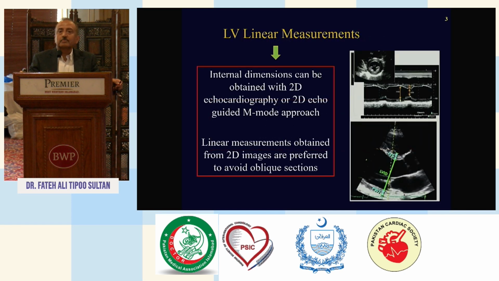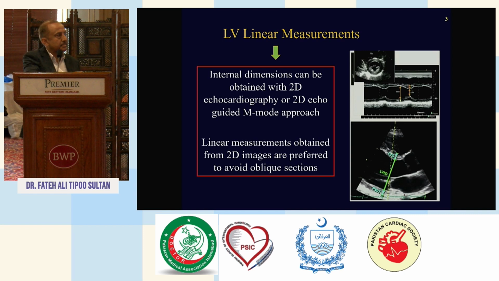For the assessment of LV size on echocardiography, we have to measure the LV dimensions, and in most of the guidelines they still use the systolic dimensions as well as the diastolic dimensions. The view on which we take the dimensions is basically the parasternal long axis view, and usually we take the dimensions in end-systole and end-diastole by doing ECG gating, and it should be perpendicular to the septum.